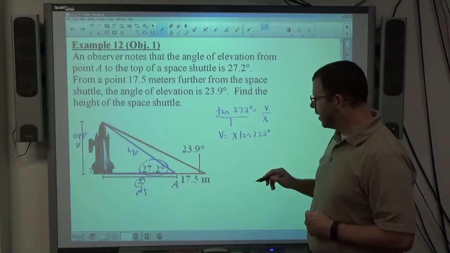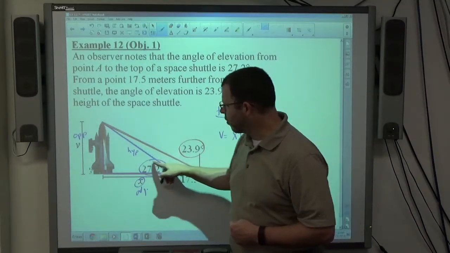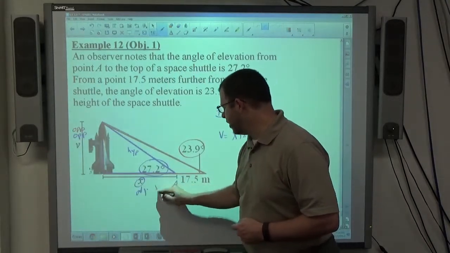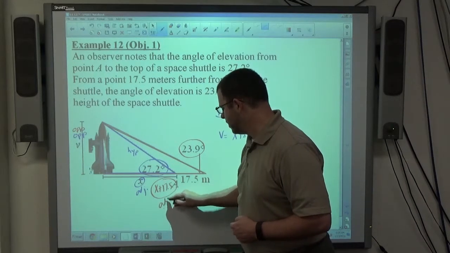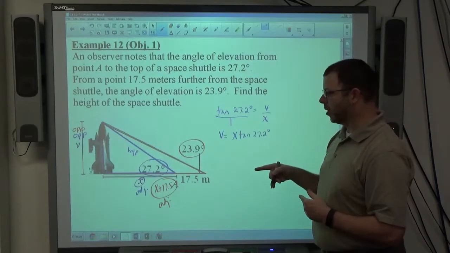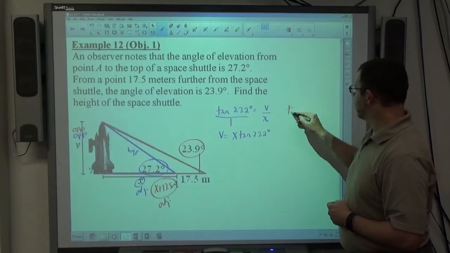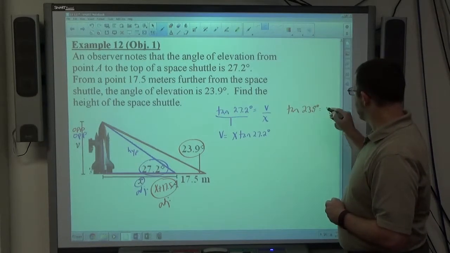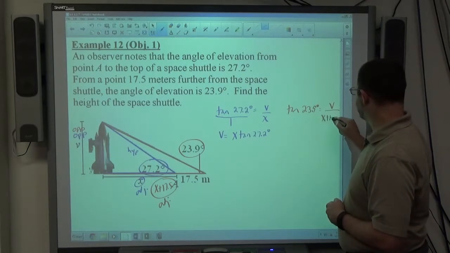We jump over to the red triangle, the angle 23.9 degrees down in this corner. We go across, and this is also the opposite, V. But now X plus 17.5 is the adjacent. Same idea: opposite and adjacent are the sides we're working with. The angle we have is 23.9 degrees, so tangent of 23.9 degrees equals opposite V over adjacent X plus 17.5.